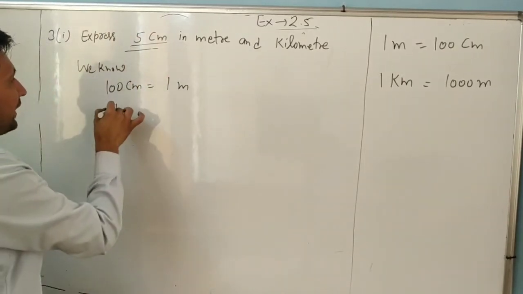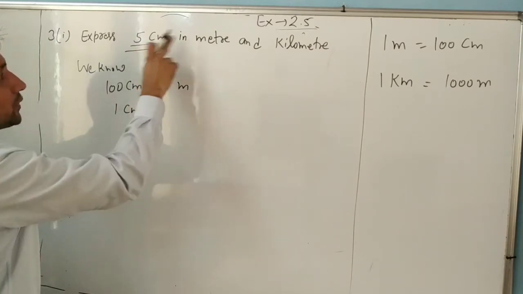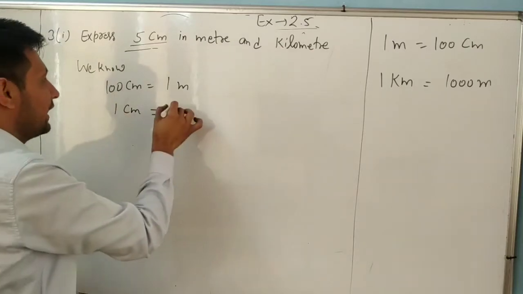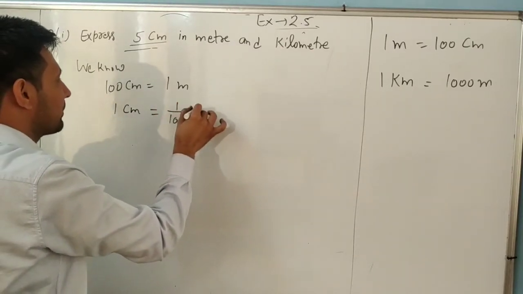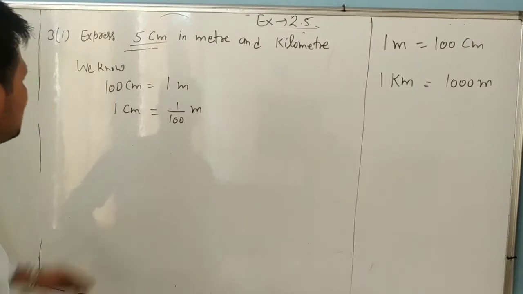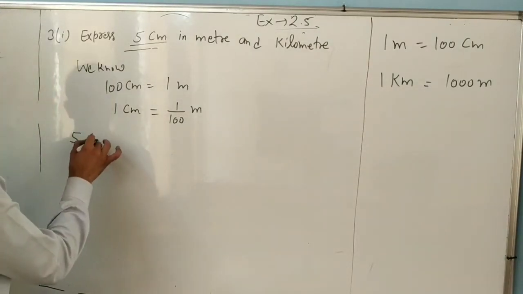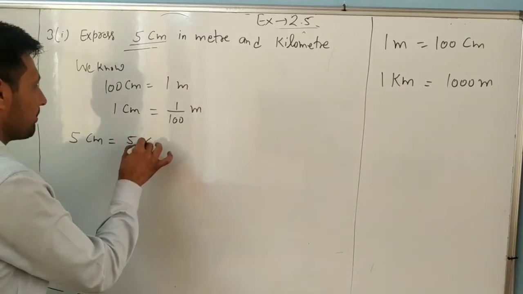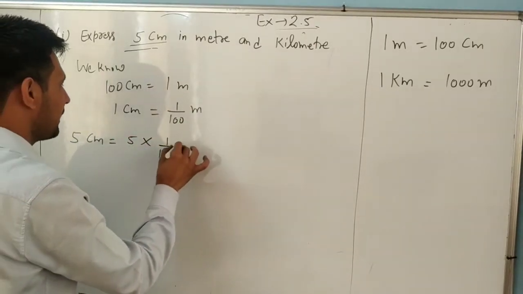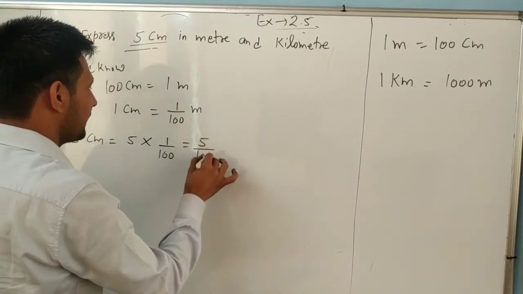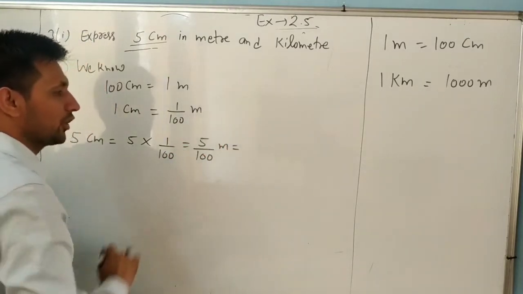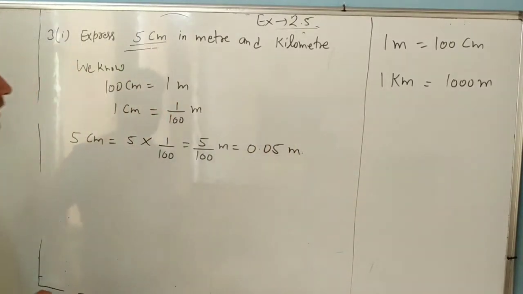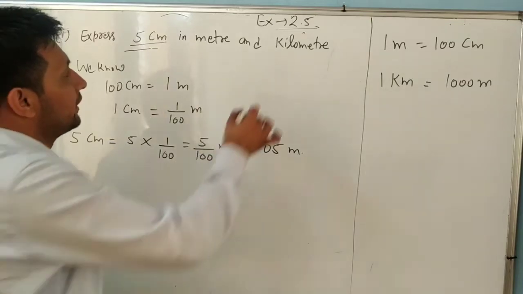And we want to find how many meters, because we want to change into meters. How many meters in 1 centimeter? 100 on the other side, divide. So 1 centimeter equals 1 by 100 meter. So you can change easily. 5 centimeter, 1 centimeter equals 1 by 100, so 5 multiplied by 1 by 100. So 5 divided by 100 meter. How many zeros in the denominator? 2. So 0.05 meter.